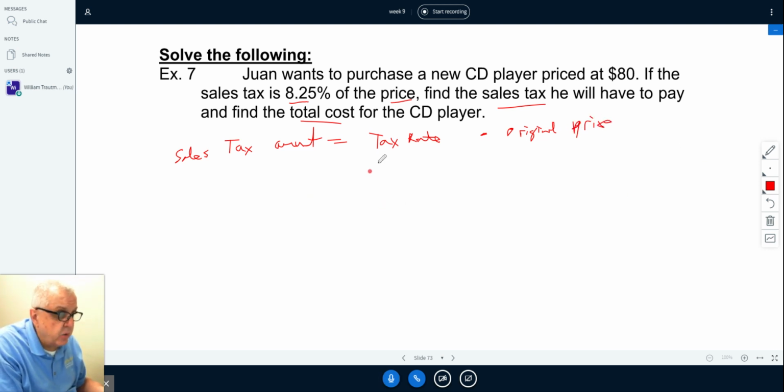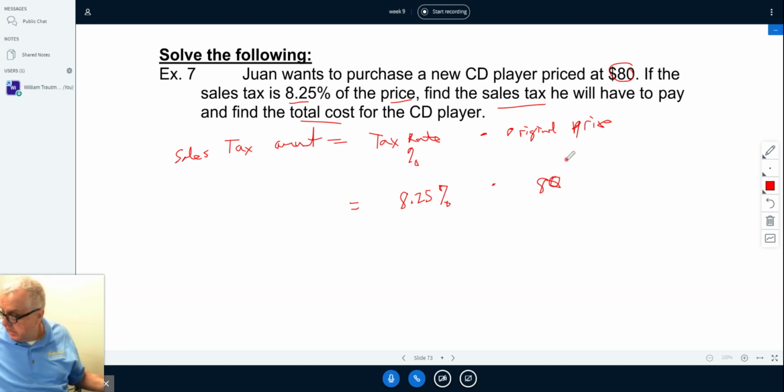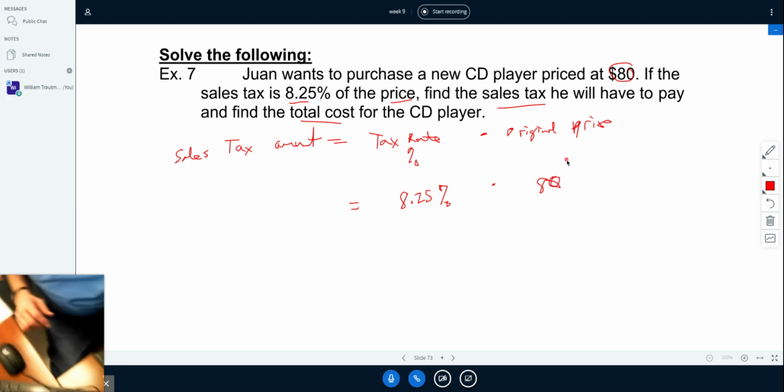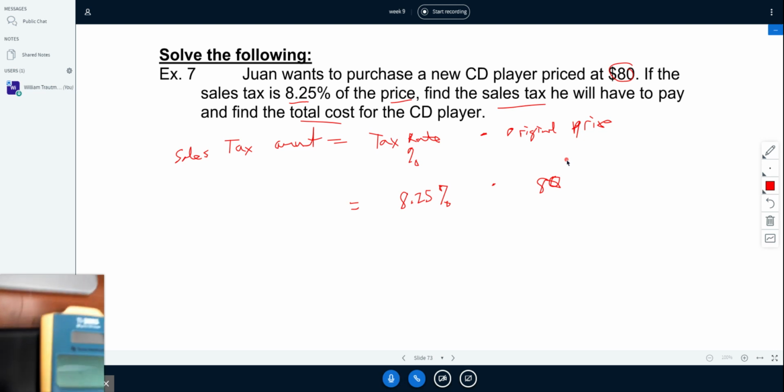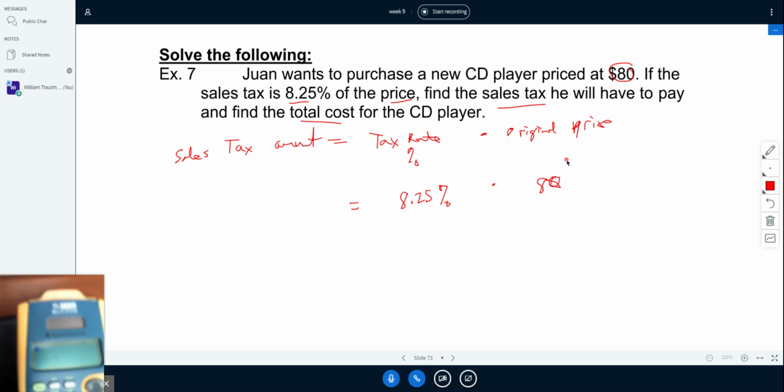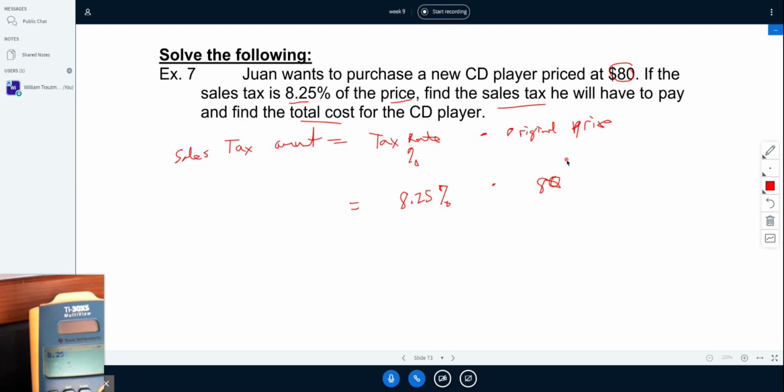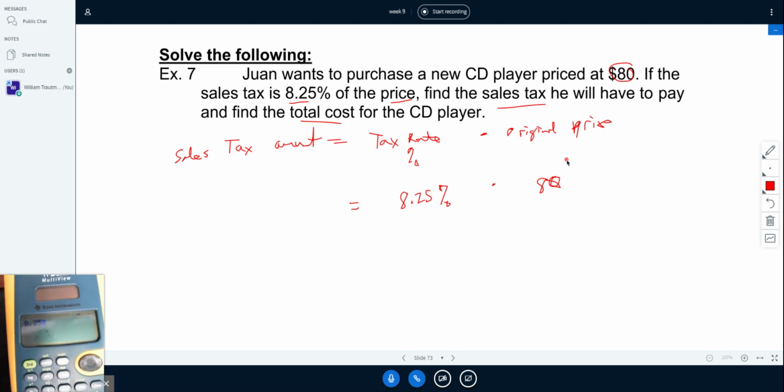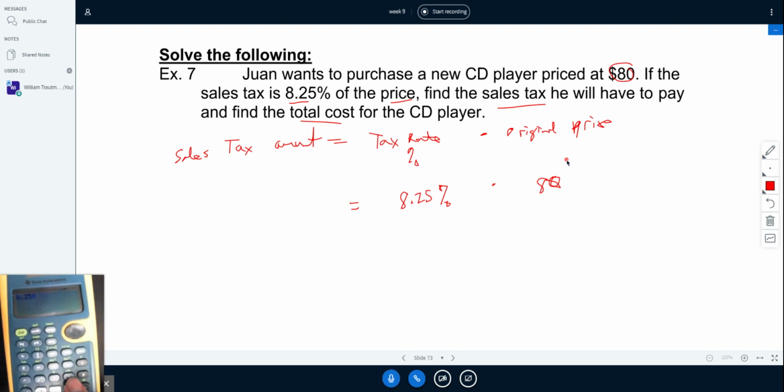All right, so the sales tax rate is a percentage, 8.25%. The original price was $80. So on my calculator, I'm going to type this in, 8.25, and then because it's a percent, we have to add the percent symbol.